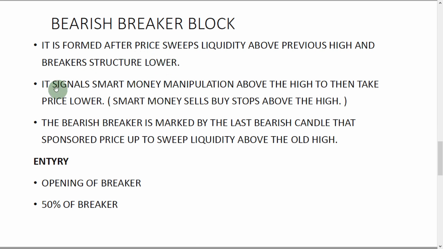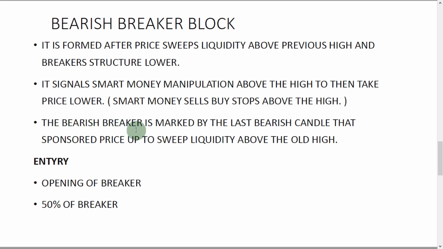Now, when that happens, we say smart money has manipulated the stop losses or the buy stops above that previous high to then take price lower. So smart money sells buy stops above the high.